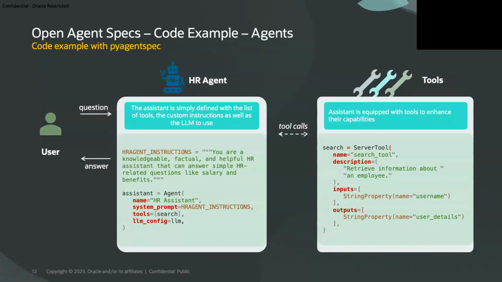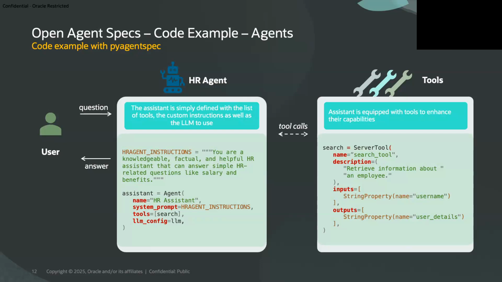I mentioned before agents that are able to use tools. That's the most common thing that we want in an agent development framework. So here is, in a slightly simplified manner, what it looks like using Agent Spec. More precisely, the code is written in Python, because the first thing we developed for Agent Spec is a Python SDK that lets you write simple Python code to specify the configurations that you need.